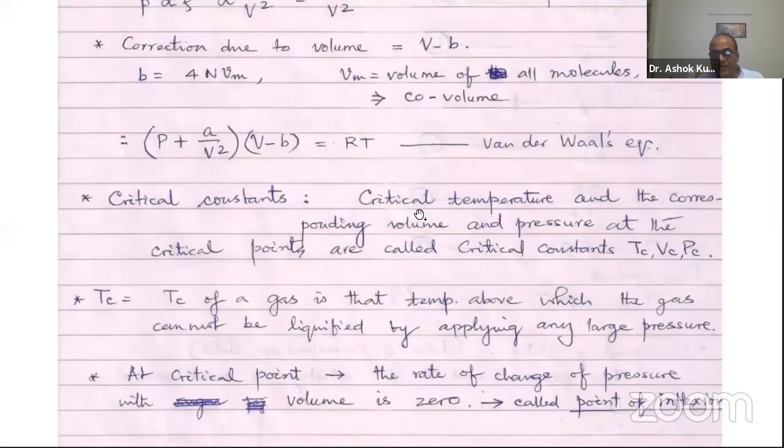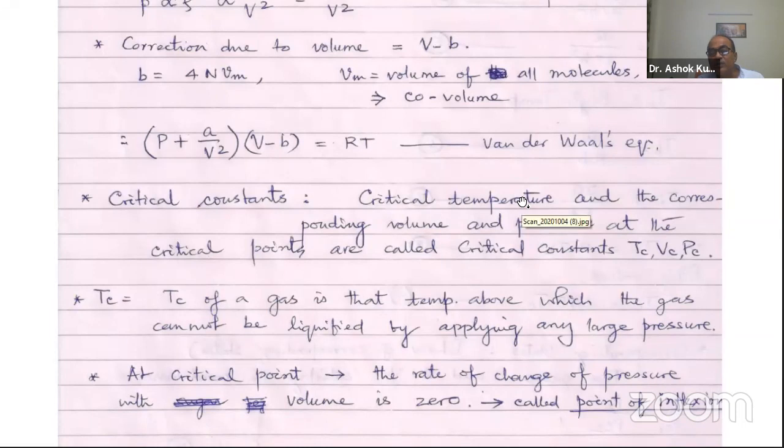There is a certain temperature below which, by application of high pressure, the gas can be liquefied, above which, despite application of any high pressure, the gas cannot be liquefied. This particular temperature is called critical temperature. That means the gas can be liquefied only below critical temperature by application of pressure, above which it cannot be.